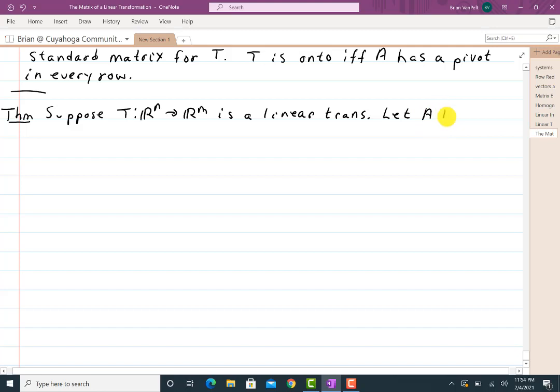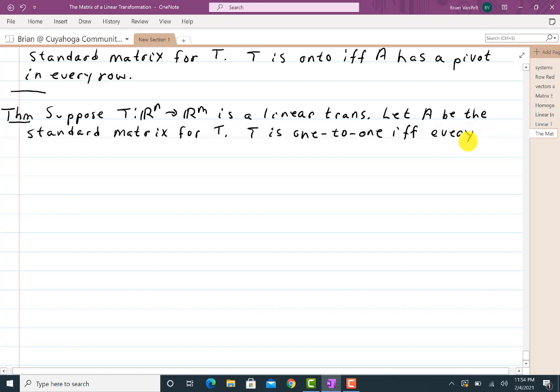Let A be the standard matrix for T. T is 1 to 1 if and only if every column of A has a pivot. So it's a nice companion piece to the previous one.